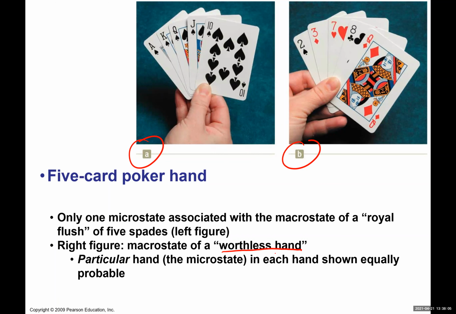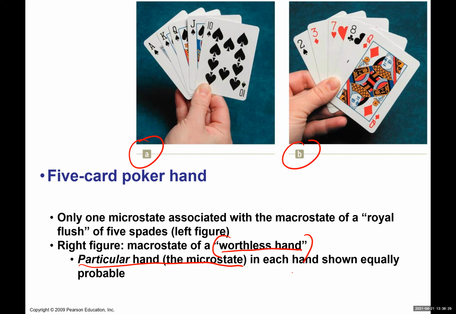So that means, let's say you get a particular hand, the microstates in each hand shown are equally probable. Any worthless combination becomes a microstate of this worthless hand.